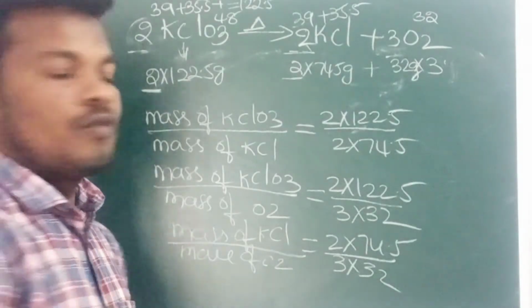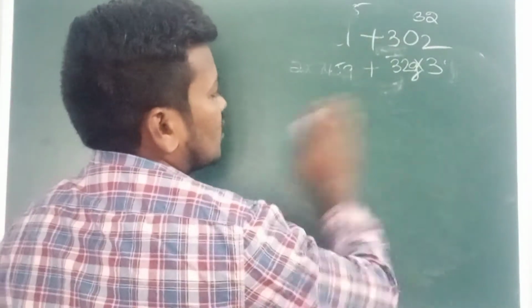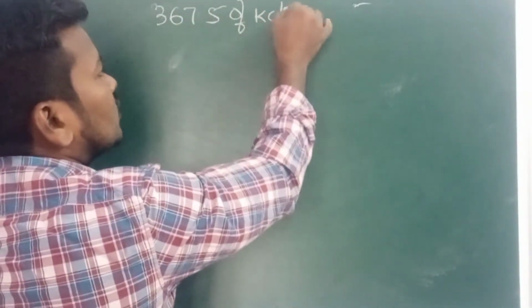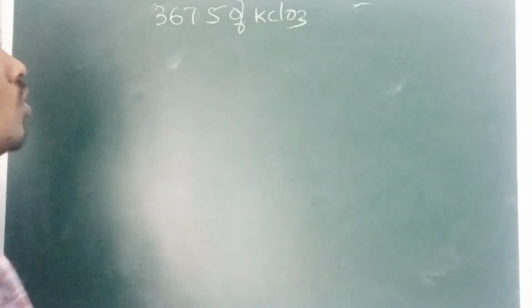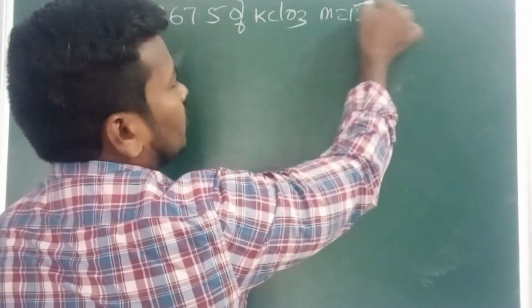Okay, now we do one numerical based upon the mass analysis. So what they have given: 367.5 grams of KClO3 on decomposition. They have given the molecular weight is equal to 122.5 in total.